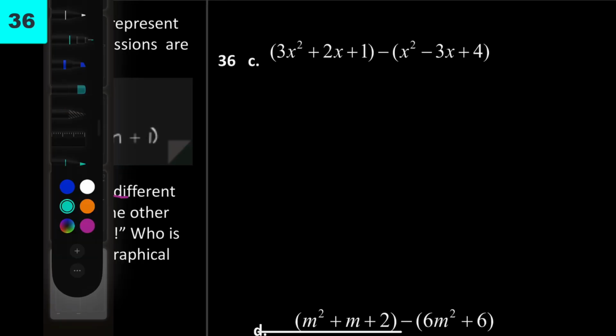Hey guys, in this problem, you're going to look at what's between the parentheses. And what's between the parentheses here is a minus sign. What this means is on this side, you can drop the parentheses. It's not needed right now.